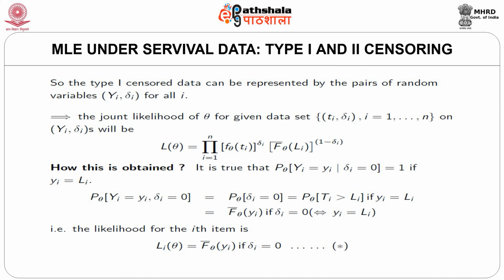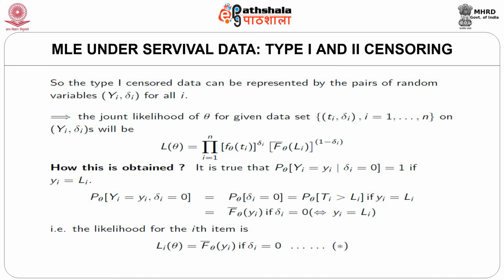It is because of the fact that delta i equal to 0 is equivalent to saying capital Ti greater than Li, and that is equivalent to saying Yi equal to Li. Or we can say that probability that Yi equal to small yi comma delta i equal to 0 is equal to probability that delta i equal to 0, and that is same as saying probability that Ti greater than Li provided small yi equal to Li.